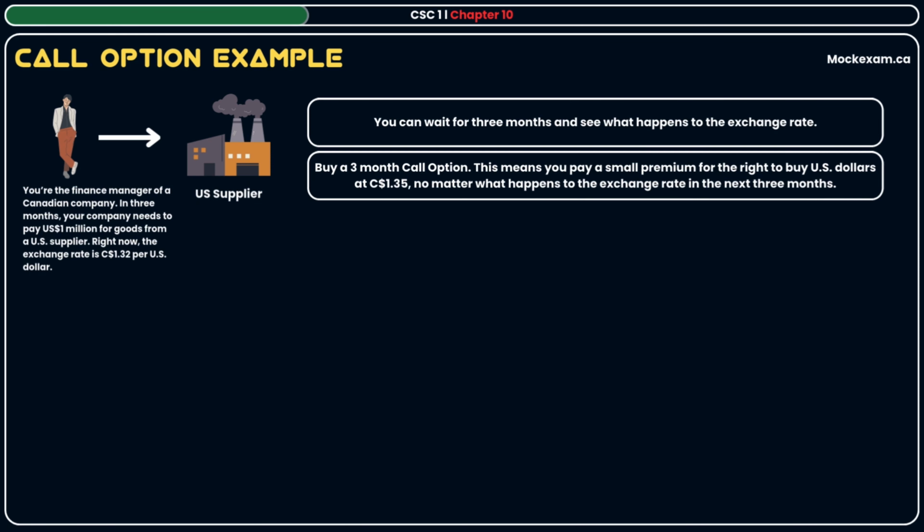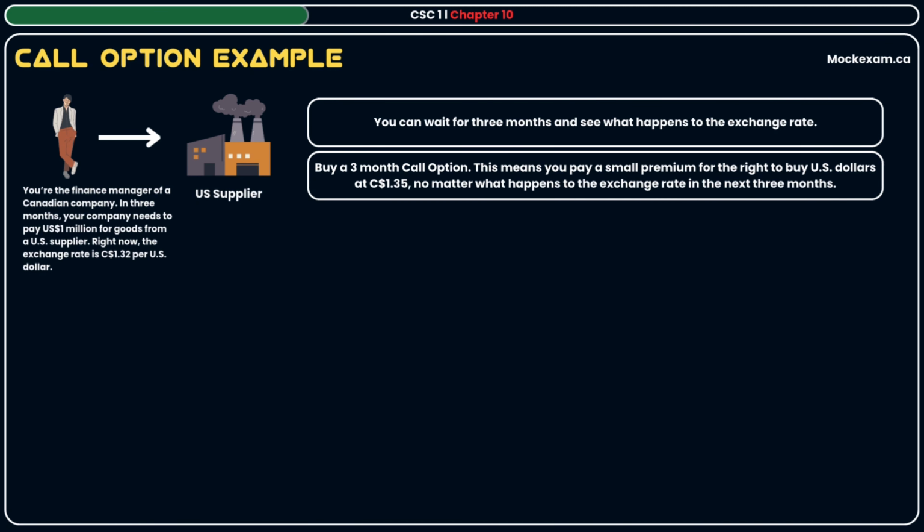It means you, as a finance manager, pay a small premium for the right to buy US dollars at 1.35. No matter what happens to the exchange rate in the next 3 months, when the 3 months end, you buy the US dollars from another party at 1.35. You buy a 3-month call option.